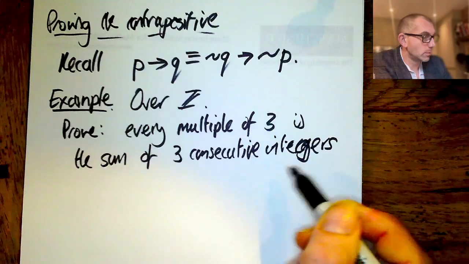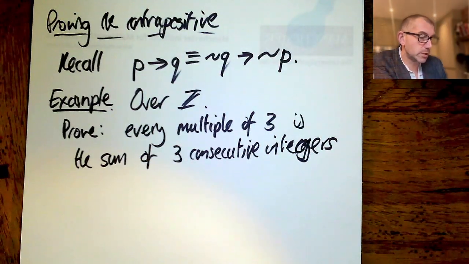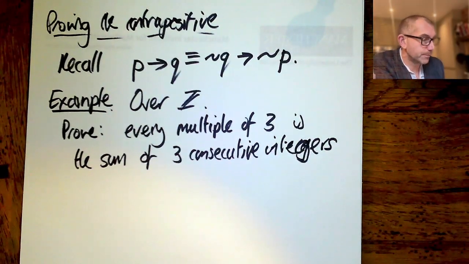Right. So what are consecutive integers? Well, they've just got to have a difference of 1 between them.